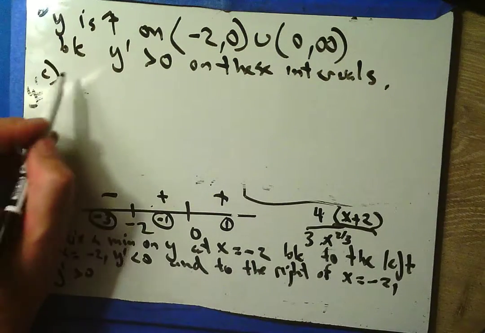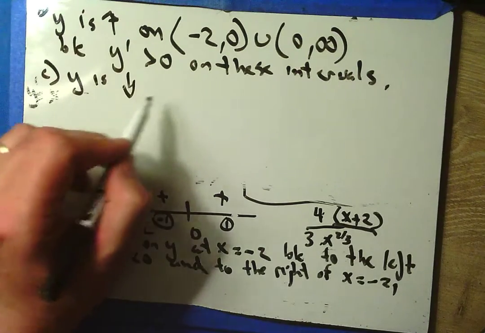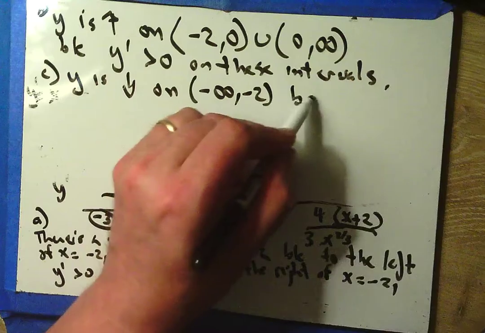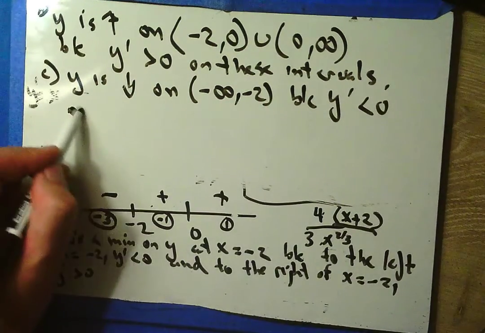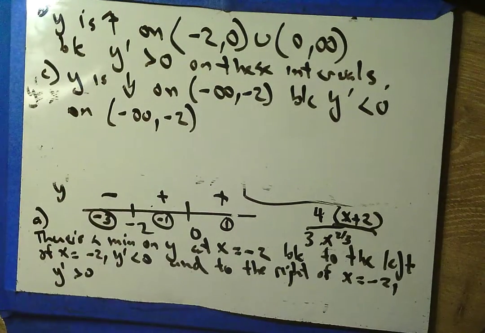And part C, when is y decreasing? Y is decreasing on -infinity to -2, because y prime is less than 0 on -infinity to -2. Okay, so there's number 24.